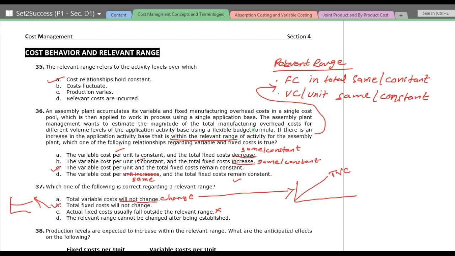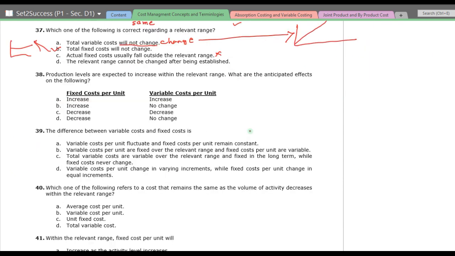Next. Production levels are expected to increase within the relevant range. What are the anticipated effects on the following: fixed cost per unit and variable cost per unit?